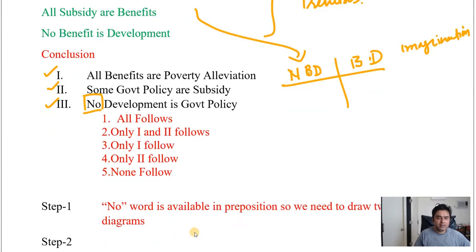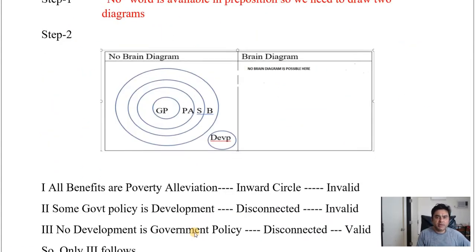All benefits are alleviation programs. When the word all is given, you have to make an outward arrow. The benefit is here, and the poverty alleviation program is here. So it is going inside, but our arrow for all is actually going outside. So this is invalid. Some government policy is development.